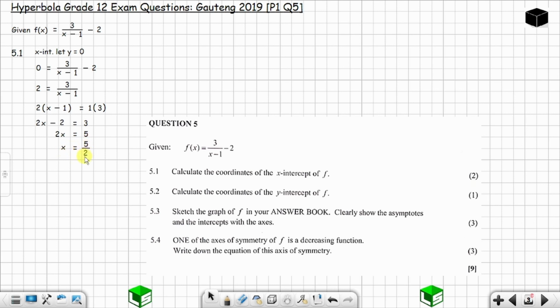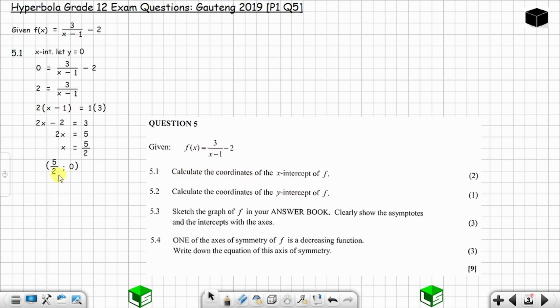You are requested to write it in coordinate form: 5 over 2, and the y-coordinate is 0. Remember, at the x-intercept, the y-coordinate is 0. The first coordinate is always your x, and the second coordinate is your y.